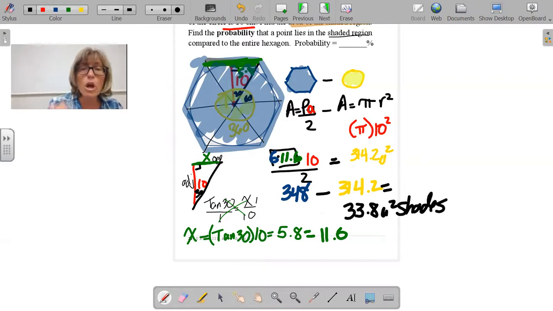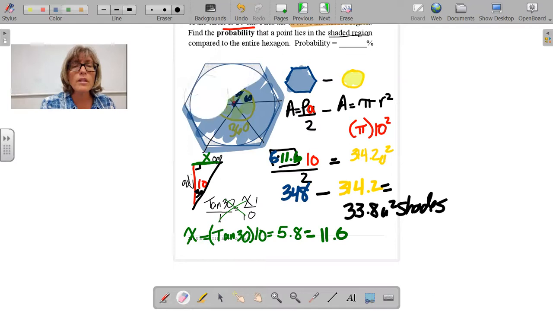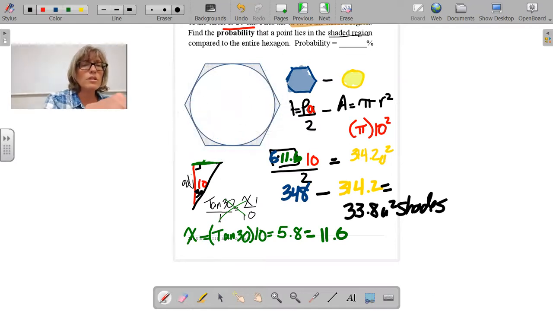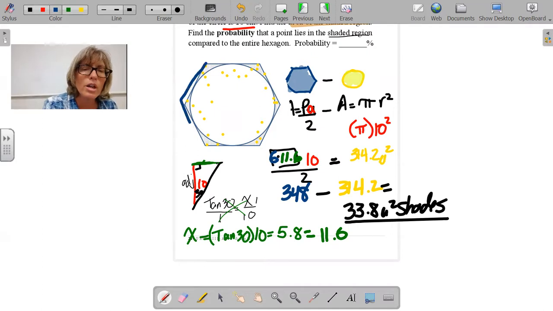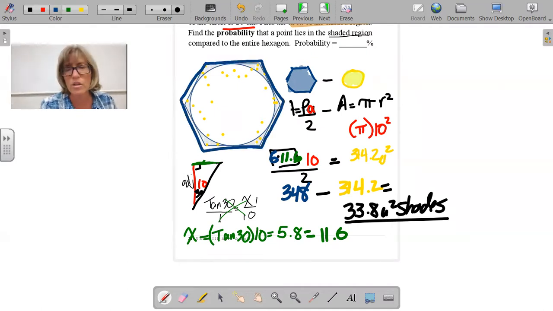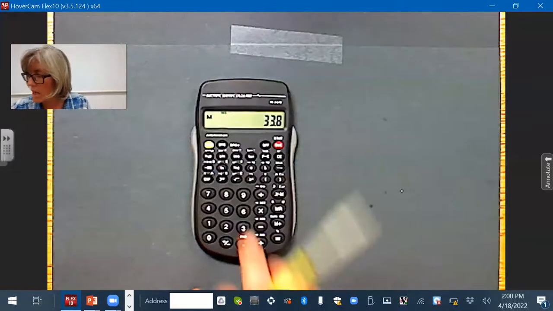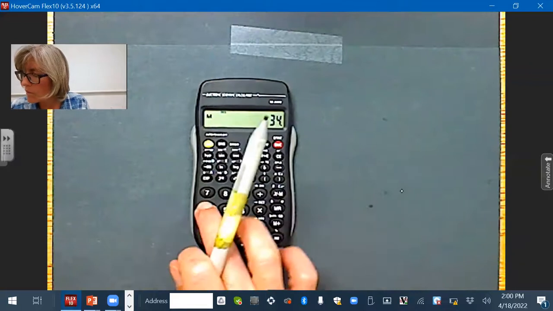The ultimate question was not the area of the shaded region. It is, what is the percent probability that any random point within that hexagon lands in the shaded region? So you take the area of the shaded region, which is that 33.8, you divide by the entire area of your target, which is the hexagon, which is 348, and that gives you your percent probability.